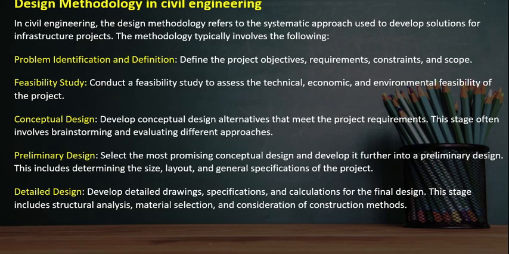When we say feasibility, I told you the word feasibility means looking at the possibility of the project. But in civil engineering projects, when somebody says feasibility study, what do they mean?